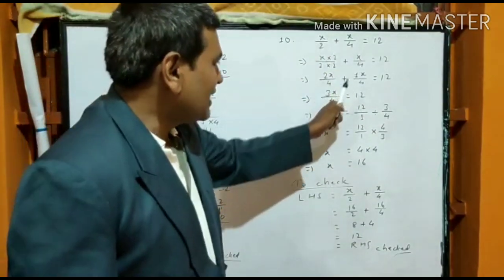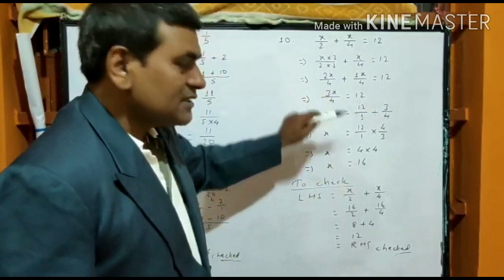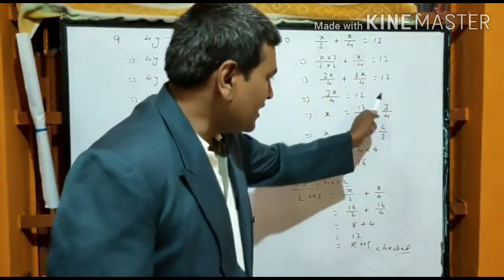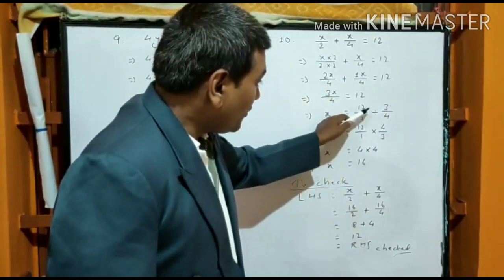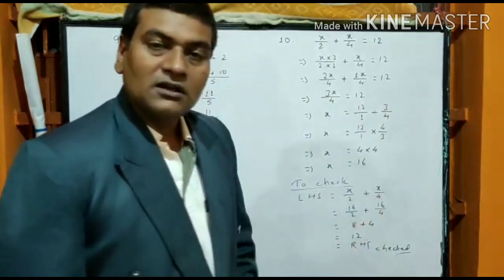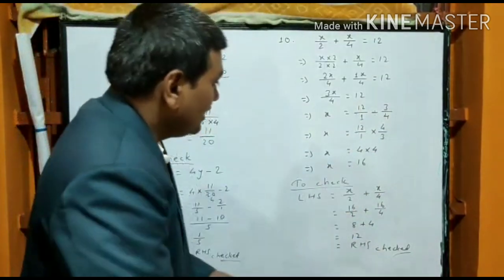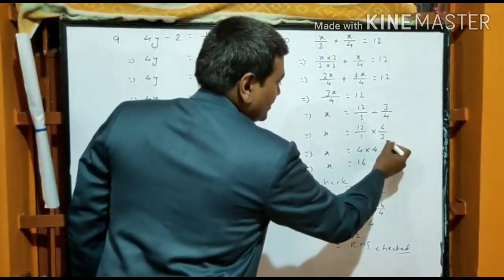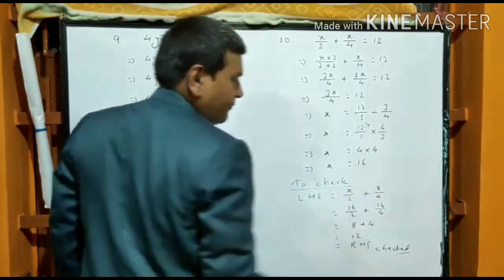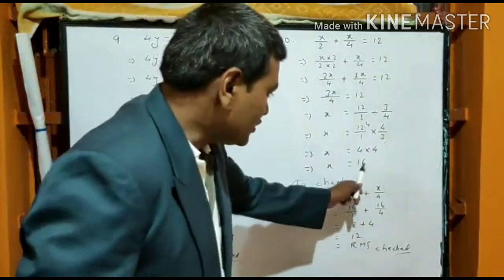So 2x plus 1x is 3x by 4 equal 12. 3 by 4 is multiplier, so here it will be divisor. Now change the sign of division and 3 by 4 becomes 4 by 3, the reciprocal of 3 by 4. Here it is 3 1s and 3 4s. 4 4s are 16.